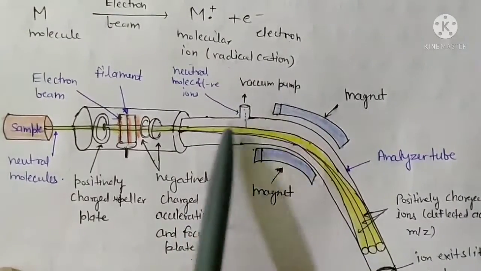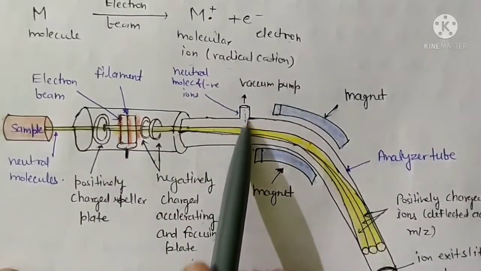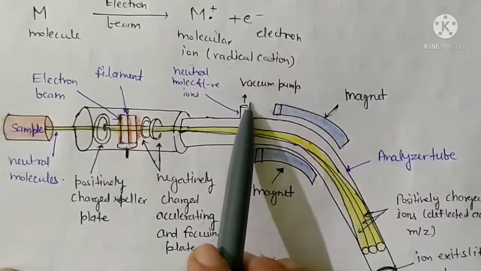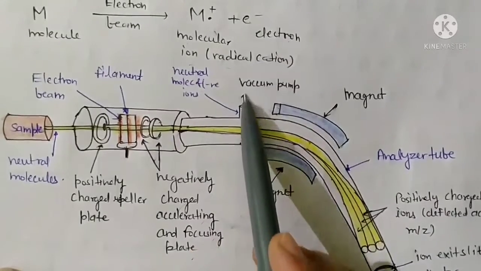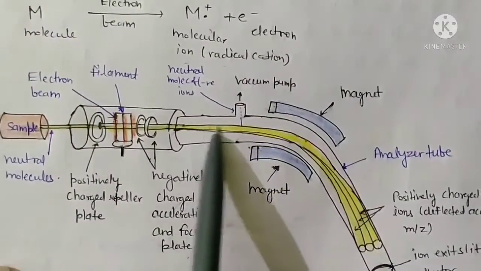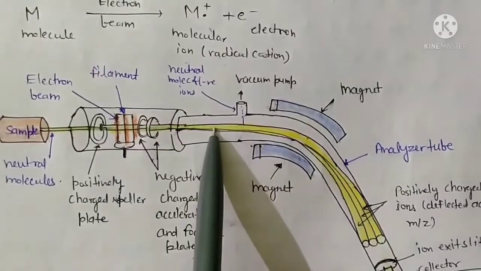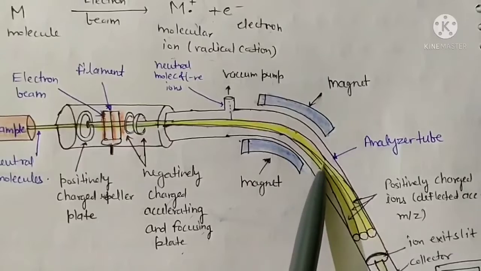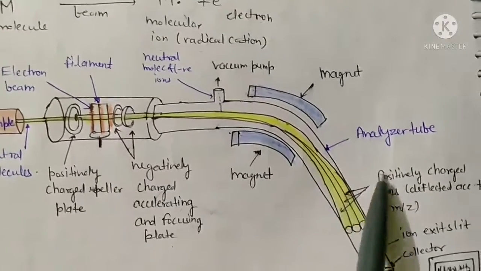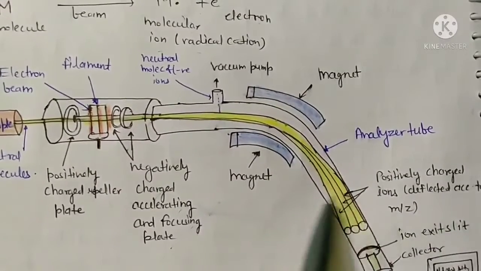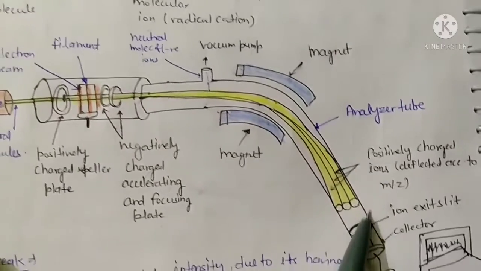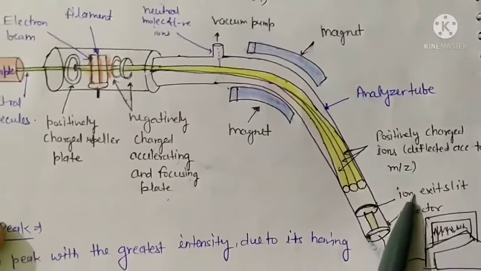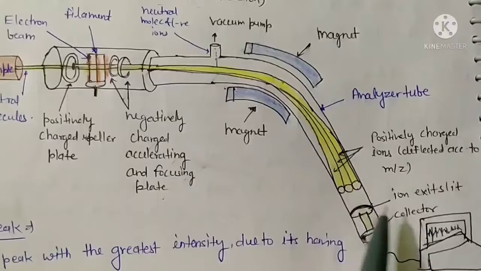this is your vacuum pump. Some ions which are neutral or have less velocity can move outside, and ions which have higher velocity move towards this analyzer tube, and then positively charged ions are deflected according to m/z ratio, and this is the ion exit slit.